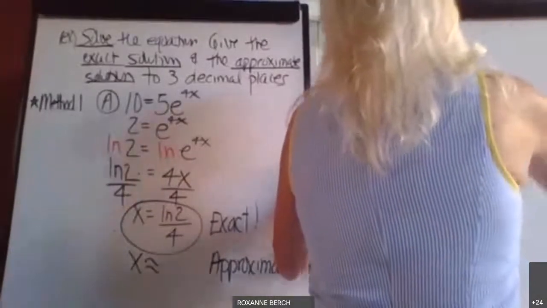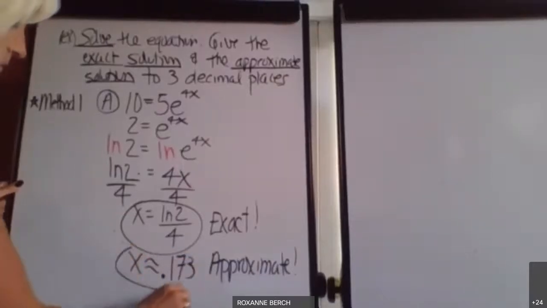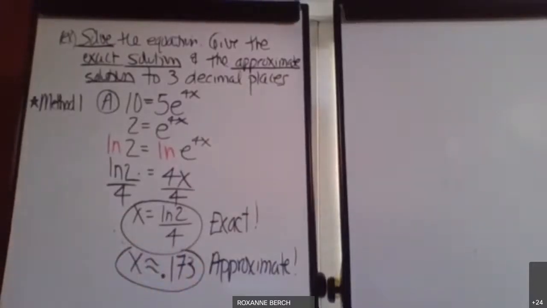I got 0.17328679951. And they told us to round to the 3, so it's 0.173. So this is your exact answer, and this is your approximation.